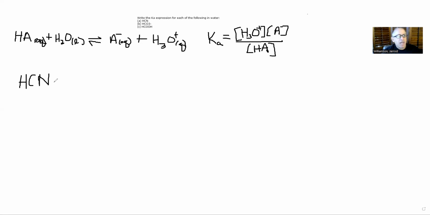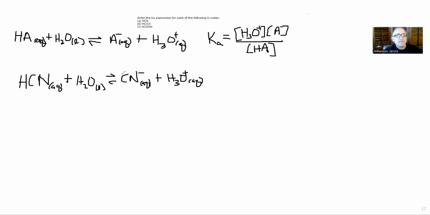So we have HCN aqueous plus H2O liquid is in equilibrium with CN minus aqueous plus H3O plus aqueous.